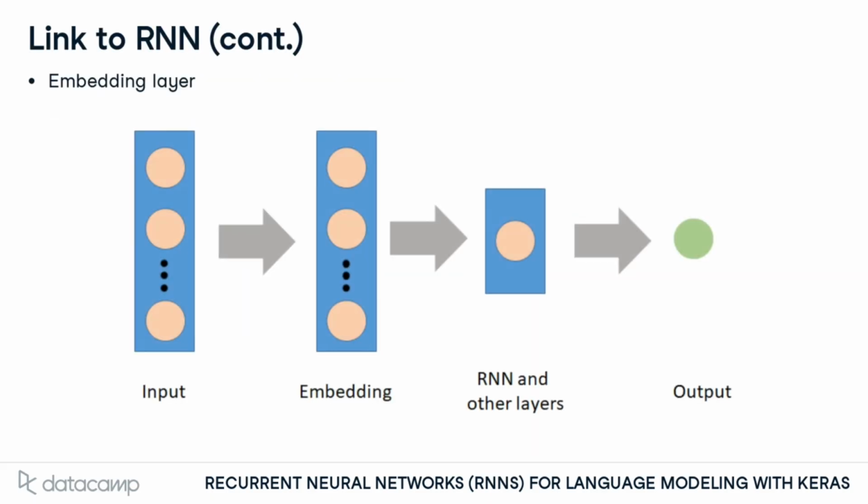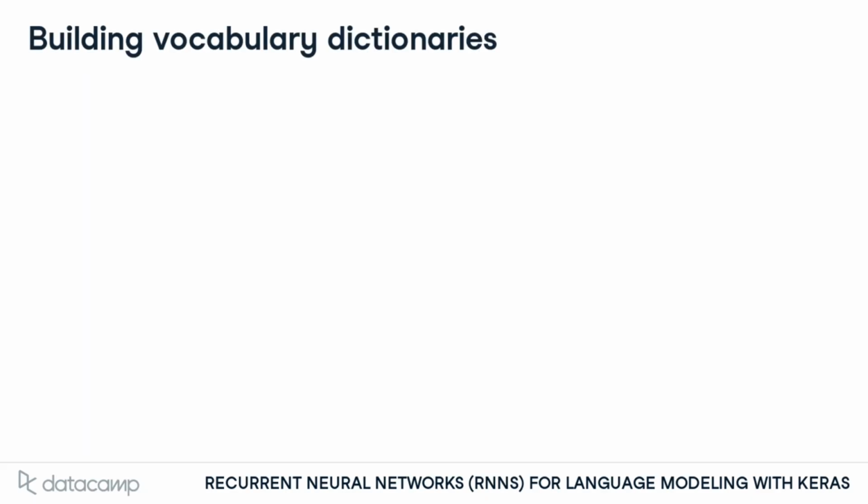Also, an embedding layer can be used to create vector representations of the tokens as the first layer. When creating RNN models, we need to transform the text data into a sequence of numbers, which are the indexes of the tokens in the array of unique tokens, the vocabulary.